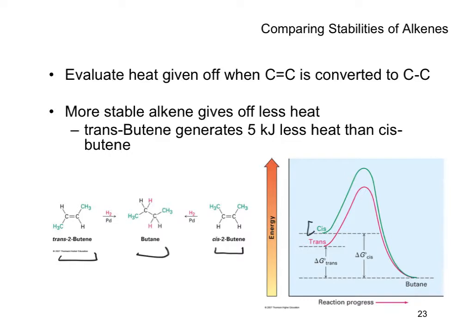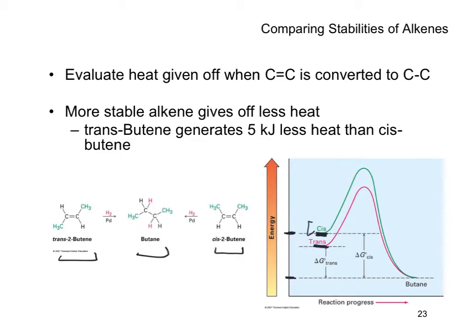We are saying that irrespective of which one you have, the amount of heat that is getting generated is going to be different. Even though they were butenes, these were two different types of butenes to begin with. And since the cis is at a higher energy, and since your product is the same, butane, the net difference that you see is going to be greater as compared to the difference between the trans and butane.